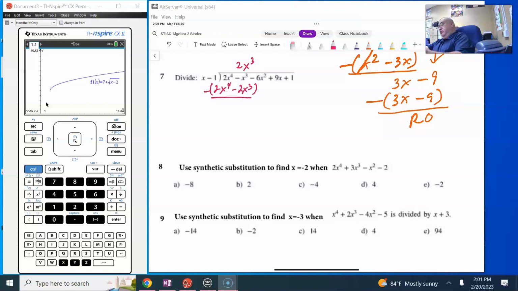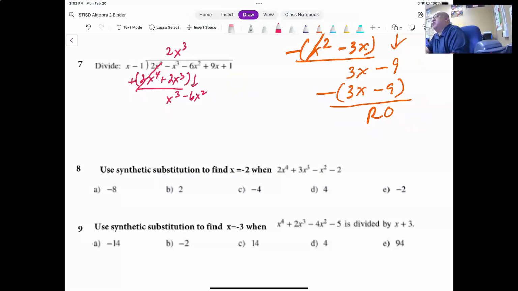So 2x to the 4th minus 2x to the 4th is 0. This becomes a positive, so this is x cubed. Bring down the negative 6x squared. So you ask yourself, what do you multiply x by to get x cubed? It's going to be x squared. X squared times x gives you x cubed minus 1x squared, right?